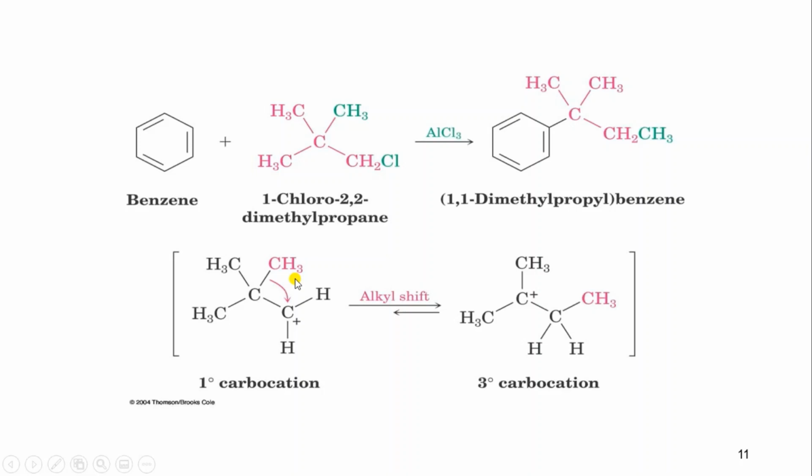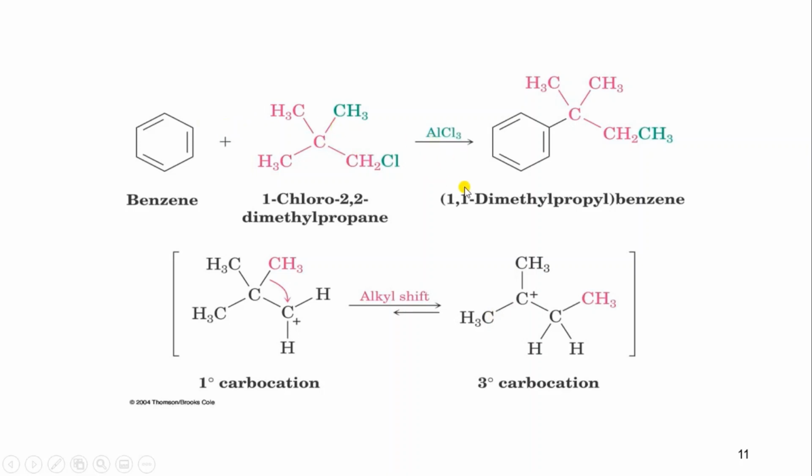By doing that, the carbocation is now secondary in nature, or tertiary in nature. So the tertiary carbocation is now more stable, and you can see that it can react most easily.